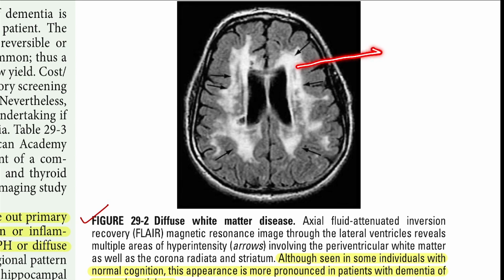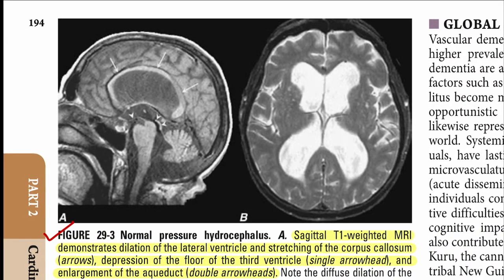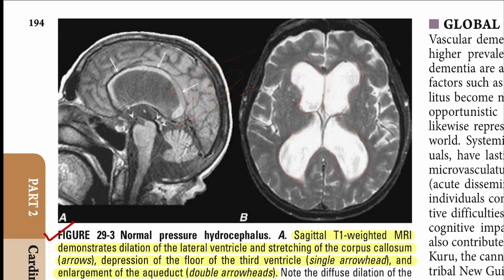It is seen in vascular dementia. All right. Now here is the normal pressure hydrocephalus. You can see the dilated ventricles, right? Normal pressure hydrocephalus will present with gait ataxia, urinary retention, and dementia. These are the findings in MRI in normal pressure hydrocephalus.